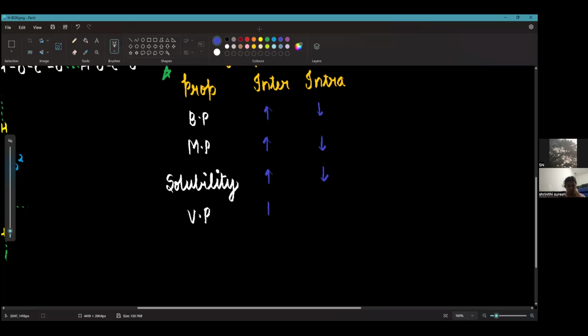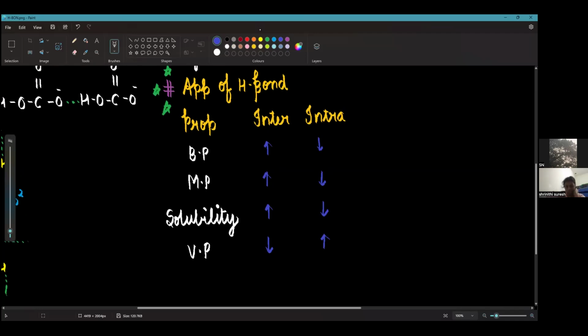Now, vapor pressure, इंटरमोलिकुलर हाइड्रोजन बॉन्डिंग की वजह से कम हो जाएगा, इंट्रामोलिकुलर बॉन्डिंग की वजह से बढ़ जाएगा. And why such a thing is observed? Because you will say that ये जो boiling point होता है ना, that is directly proportional to association जो intermolecular hydrogen bonding में होता है.